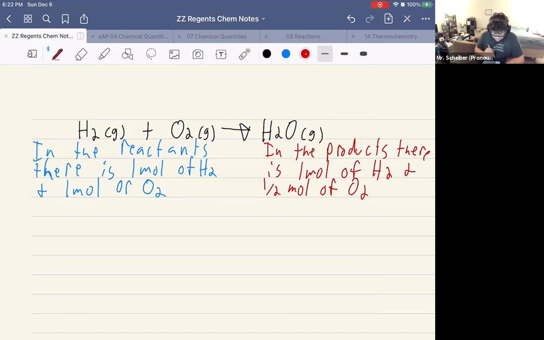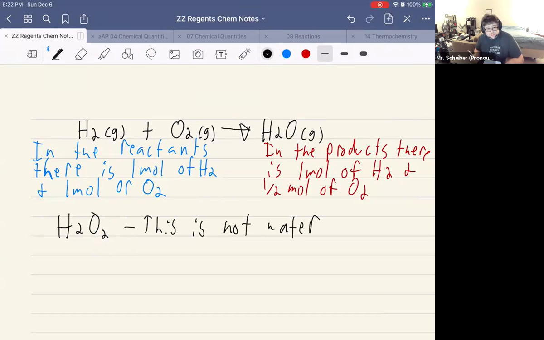But let's say we take H2O. We can't just add a 2. Because if I just take this 2 and I put that 2 there, right? The problem is that this is not water.